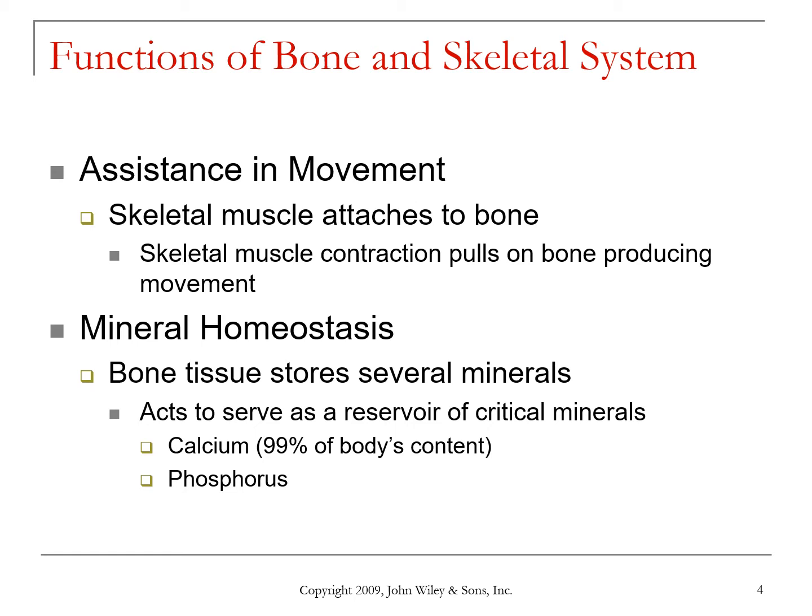Your body is more concerned with maintaining blood calcium and other mineral homeostasis more than bone density homeostasis. In that, if your blood levels of these minerals drop too low, there will be hormones released that will stimulate the breakdown of the bone to release these stored minerals into the blood to maintain blood levels at the expense of maintaining bone density. We will revisit that later on, but keep that in mind.